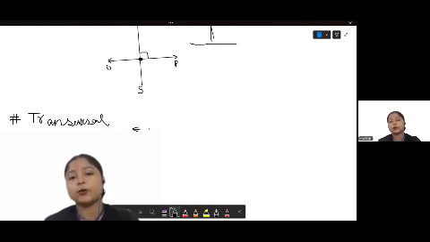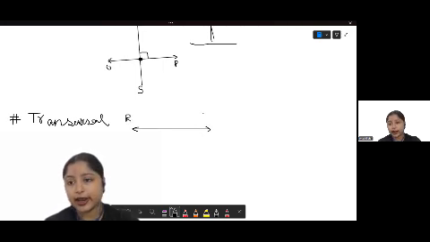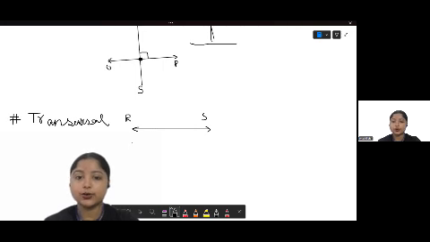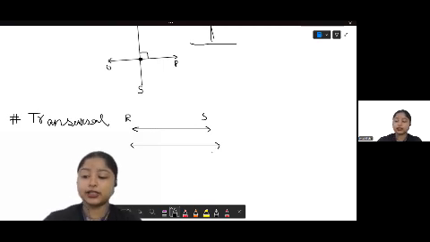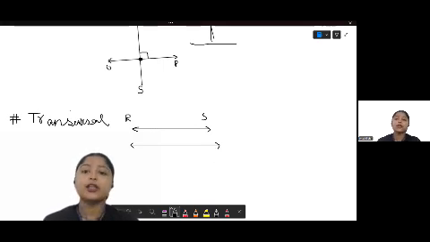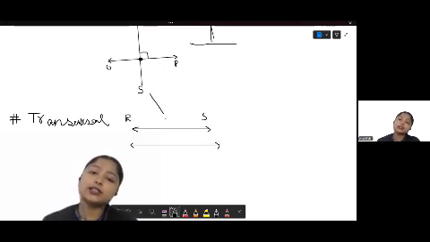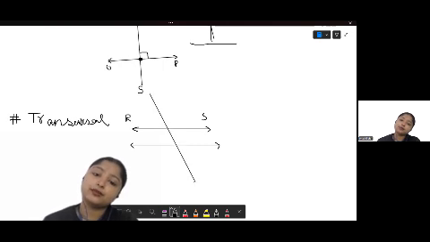For example, we have two lines, RS and TU. These are the two parallel lines. They are never going to meet each other. Now, we have a line that is intersecting them.